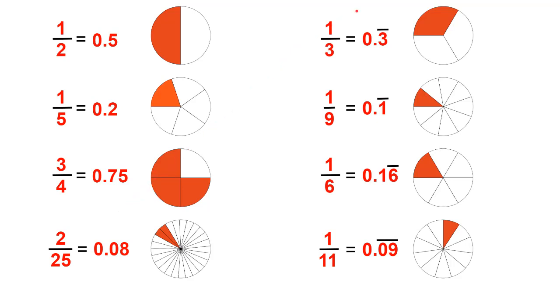And we also learned about recurring decimals. 1/3 is 0.3, recurring sign on the 3. 1/9 is 0.1, recurring 1. 1/6 is 0.16, where only the 6 is recurring. And 1/11 is 0.09, where both the 0 and the 9 are recurring. See you in the next lesson.